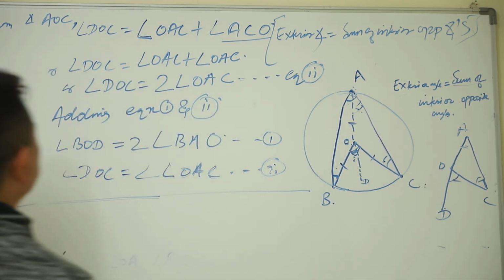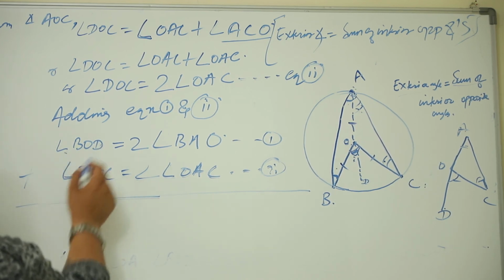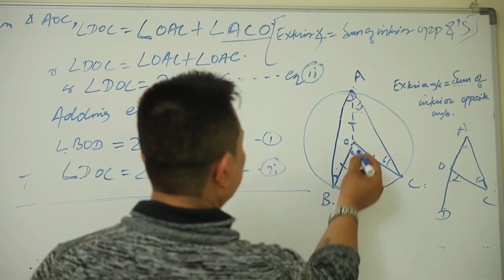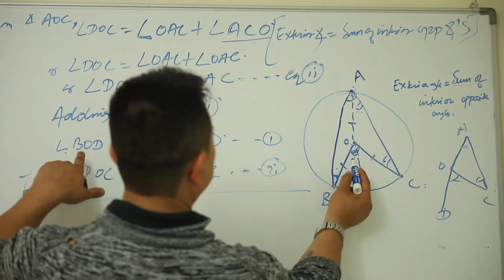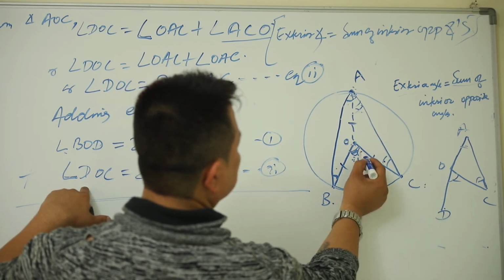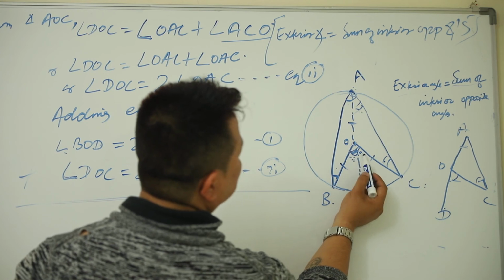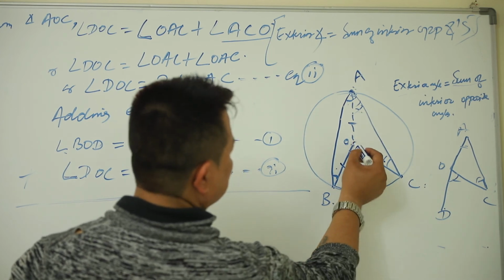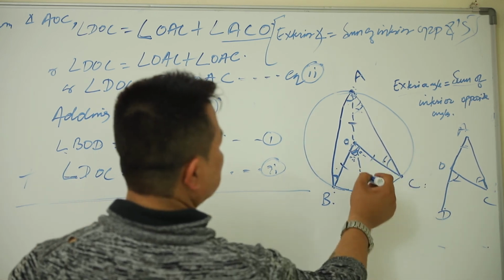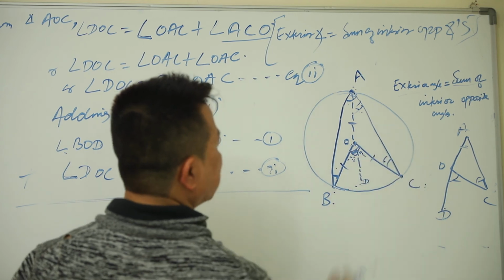Now tell me, angle BOD plus angle DOC, check your diagram. Angle BOD, this angle, plus angle DOC, this angle. When you add these two smaller angles, you get one greater angle. And what is the name of that greater angle?